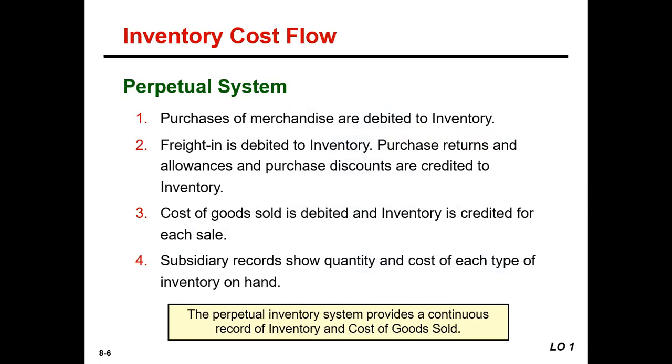Cost of goods sold is debited, and inventory is credited for each sale. And then subsidiary records show quantity and cost of each type of inventory on hand. Again, the perpetual inventory system is being updated after every purchase and every sale, so it provides a continuous record of inventory and cost of goods sold.